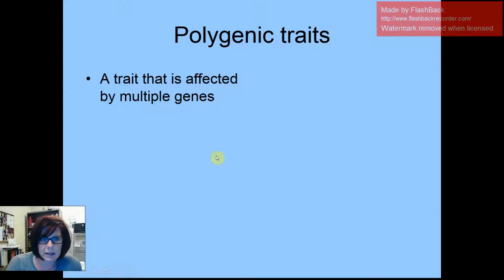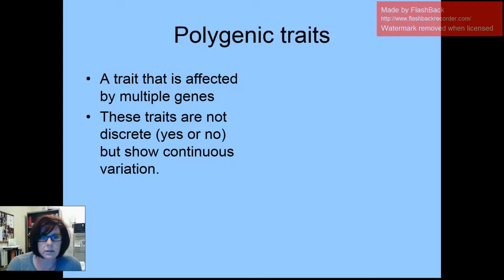This is a trait that is affected by multiple genes. So these genes are not discrete. What we mean is, we've been talking about, think of flavors, like chocolate and vanilla, that's it, just dominant, just recessive, just tall, just short, nothing in between, just purple or white, nothing in between.